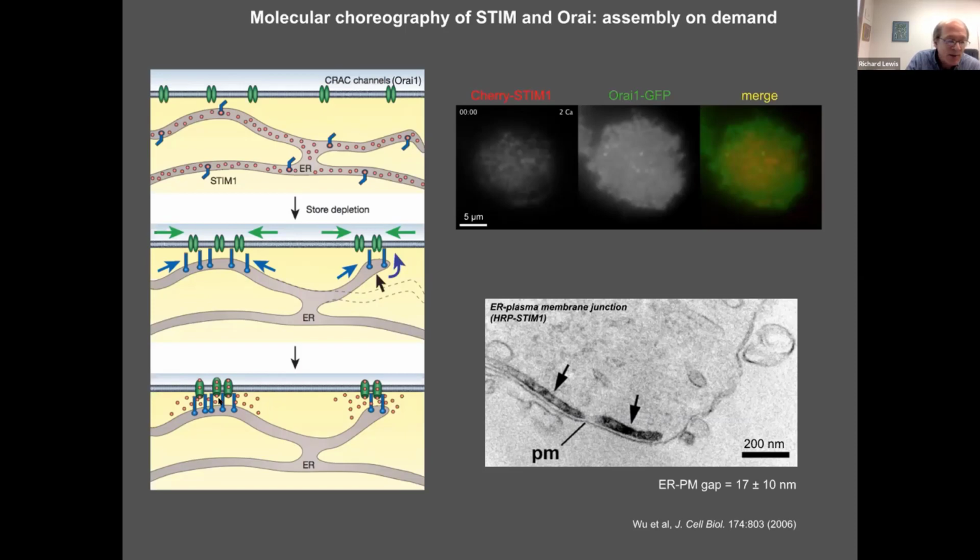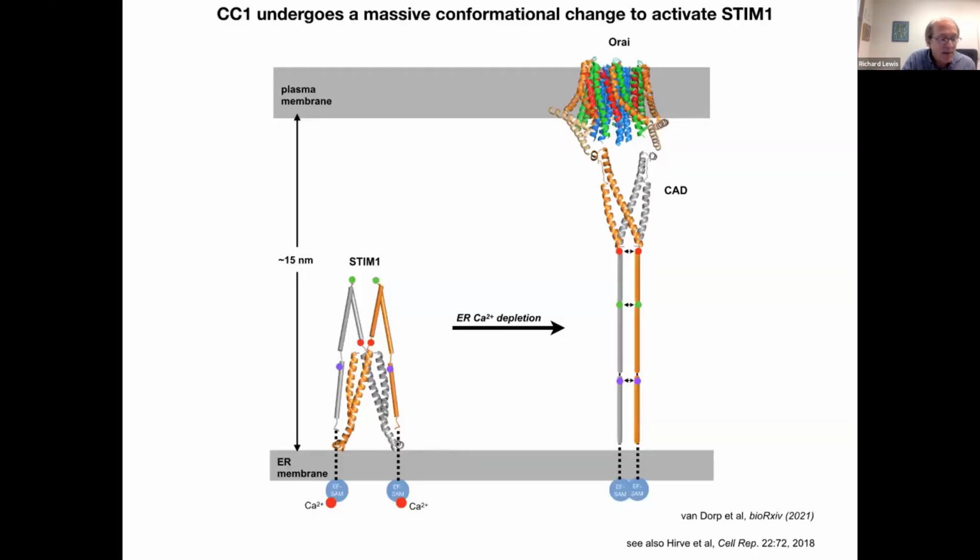So the full structures of STIM1 in quiescent and active states are not available at this point, as the protein seems to be very flexible. But a variety of evidence, including some recent single molecule FRET experiments that we've done, assessing the conformation of the inactive state, suggests that when calcium is bound, this CC1 domain is arranged around the CAD to keep it pointed towards the ER membrane.